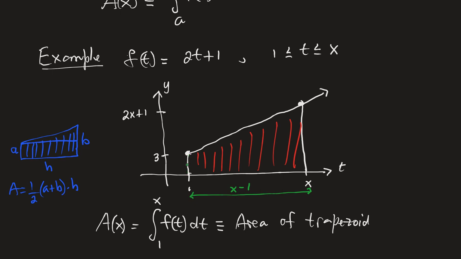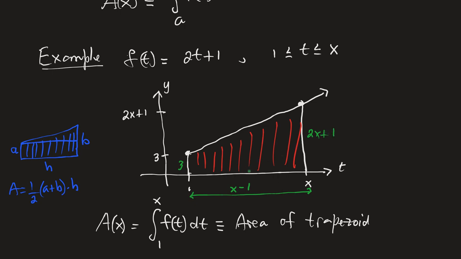Well, we found that specific number, right? That's 3, so that would be your a. And then the b would be this variable height, the 2x plus 1, because that's the y value that corresponds to this t value, right? So this is 2x plus 1.